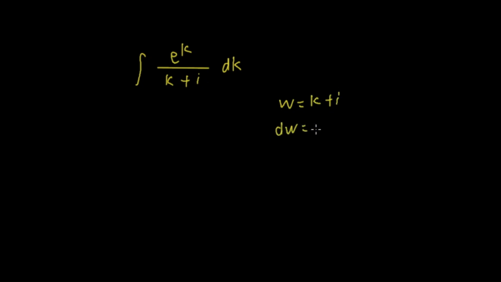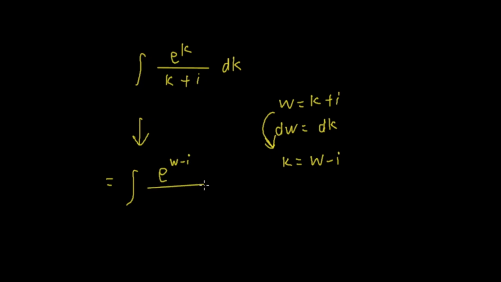Then dw is equal to dk. Now again, I have to replace the k here too. k is equal to w minus i. So this integral will become integral of e to the w minus i over w dw.